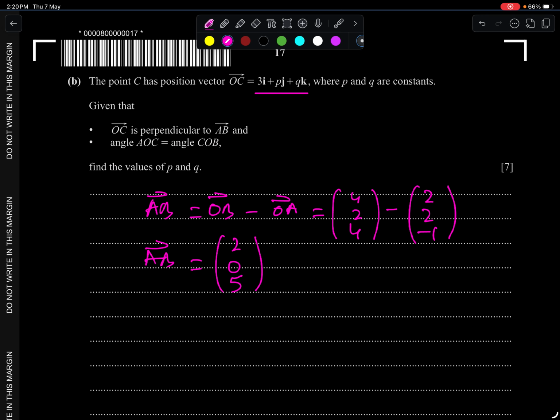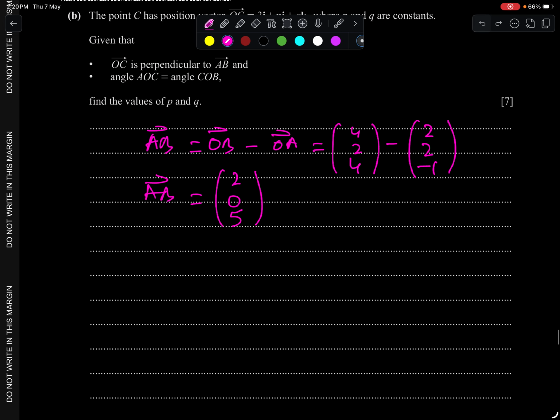Right. Now it says OC is perpendicular to AB. Now take the dot product. First write OC perpendicular to AB. Therefore OC dot AB must be 0.